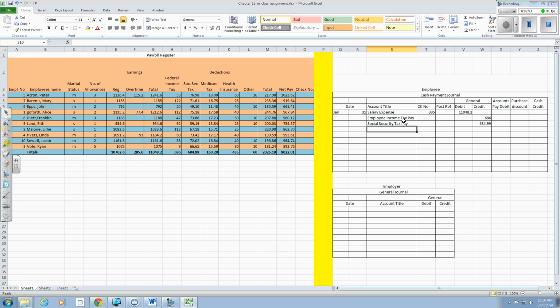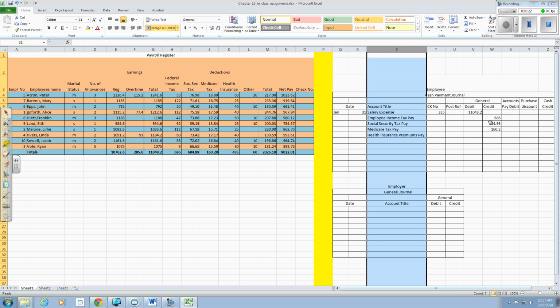We're going to do Medicare tax payable, and we're going to put that in there. Medicare tax is $160.20. And then we're going to do health insurance premiums, and we're going to credit that as well for $435.